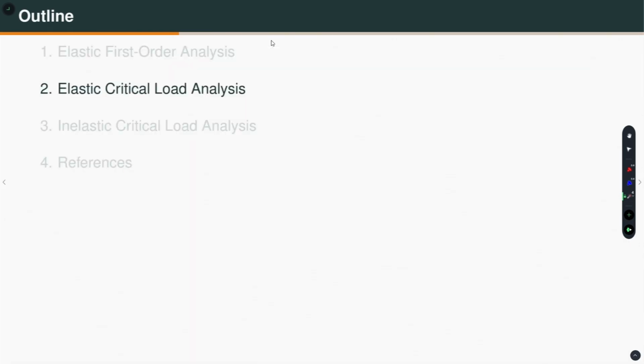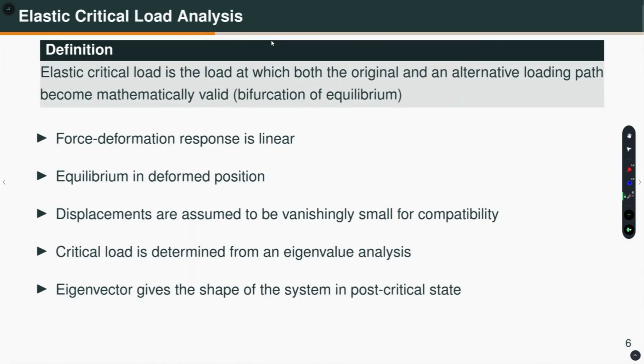Then in the previous lecture we started talking about the elastic critical load analysis, and I defined what is meant by critical load. The critical load is the load at which both the original and an alternative loading path become mathematically valid. So, it is called bifurcation of equilibrium. We will talk a little bit more about this. In this analysis, the force deformation response is linear, equilibrium is considered in the deformed position.